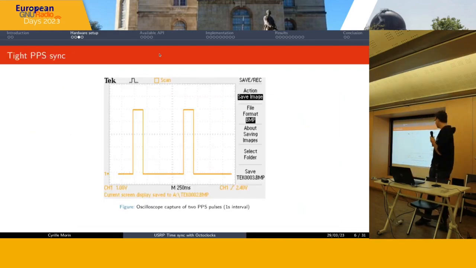Okay, so as I said, what's going to be useful in hardware to do the clock synchronization is that PPS pulse. It's basically a square wave that happens once a second and that lasts, I'm not too sure, either 250 milliseconds or 2.3 seconds, something like that.